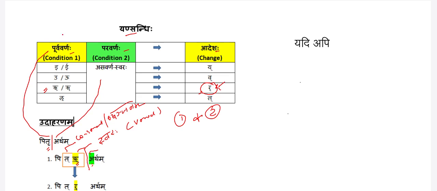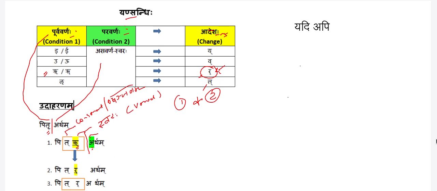For easy understanding, there is a color coding given. We have this Purva Varnaha coded with yellow color and Paravarnaha with green, and then Adeshaka again with yellow color. So it means that the Purva Varnaha will be replaced by the letter from Adeshaha, which is Repaha. So the Purva Varnaha is Rikaraha, and it will get replaced by Repaha.